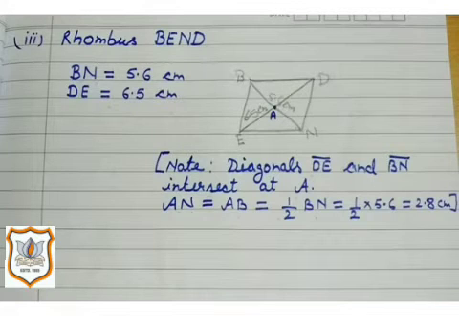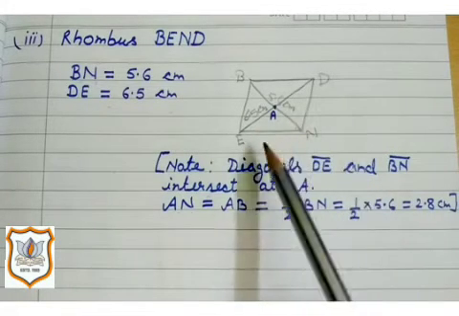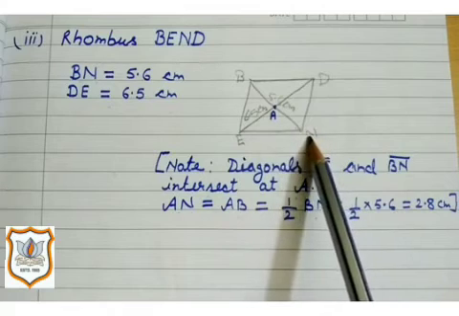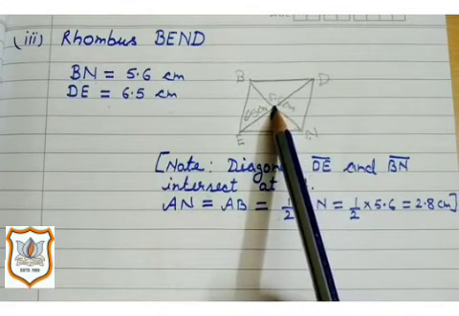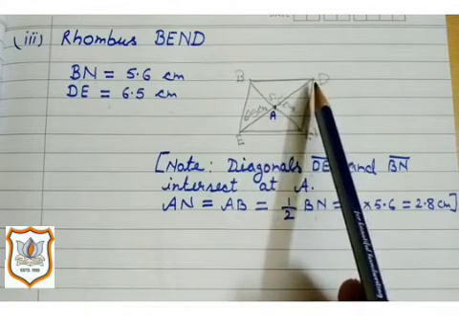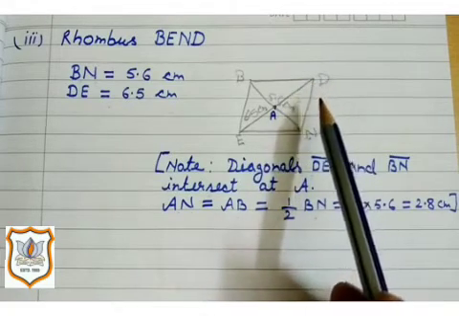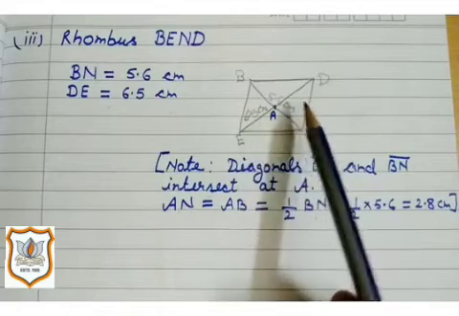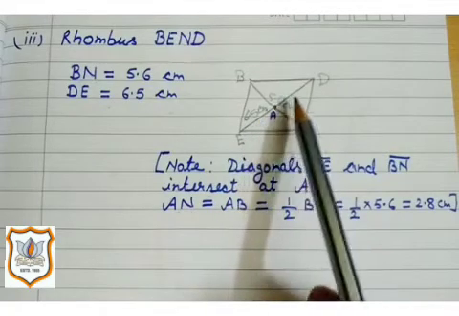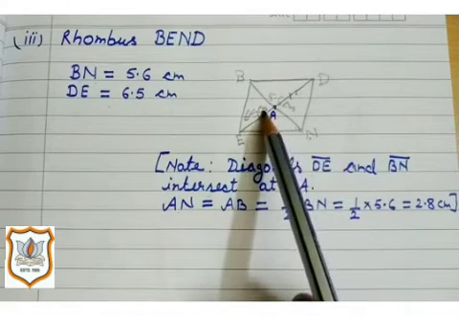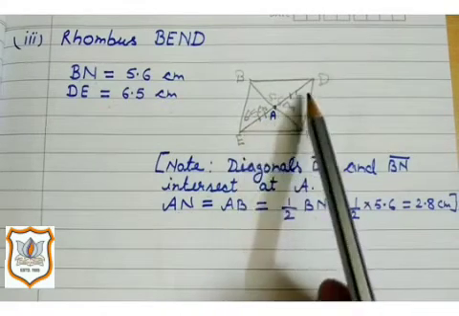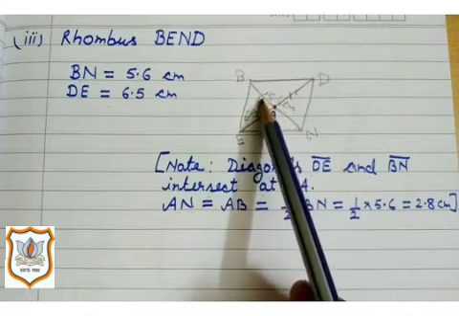Here diagonals DE and BN intersect each other at point A. This is A. And diagonals are perpendicular bisector of each other, so they cut each other in equal parts. Clear, students? These are equal.